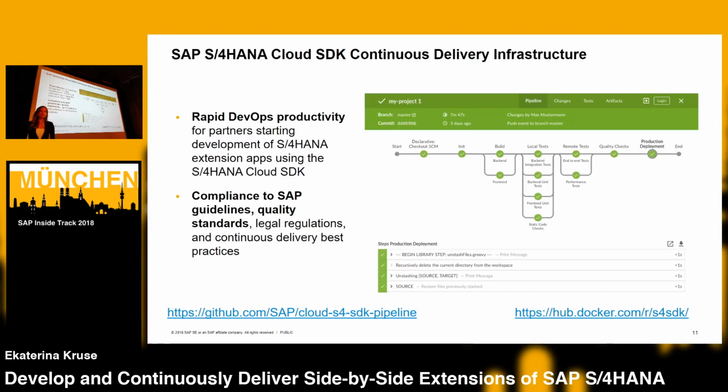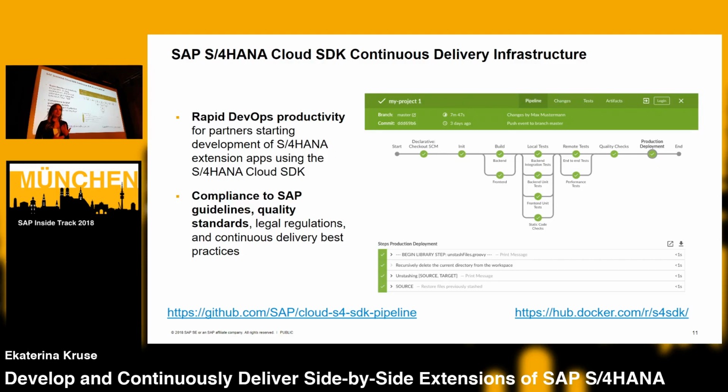So last but not least, I would like to mention the continuous delivery toolkit. I have mentioned that we provide this component, and in this component what we deliver is this continuous delivery pipeline. It's Blue Ocean notation that you can see in the new Jenkins 2.0. So we pre-configure the Jenkins server. All you need is your own Linux server in place, and to install Docker software, and you can just use one particular script that we provide in the SDK to install this Jenkins server there, and also install this continuous delivery pipeline.